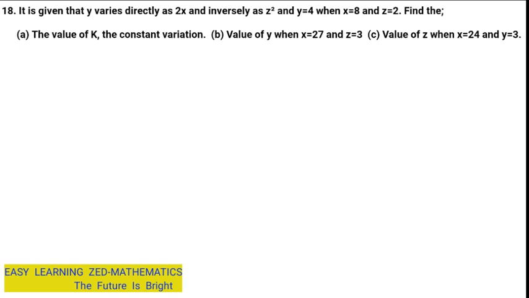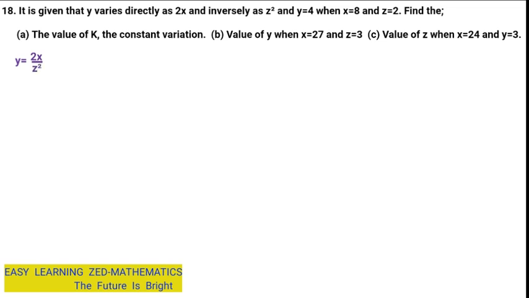So we're going back to question A, which is find the value of k, the constant of variation. Here we are going to first come up with a formula. We write y is equal to, now we are told that y varies directly as 2x, so 2x, and inversely as z squared, so over z squared, because of inversely.